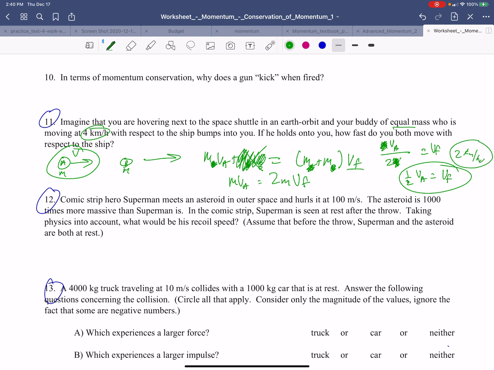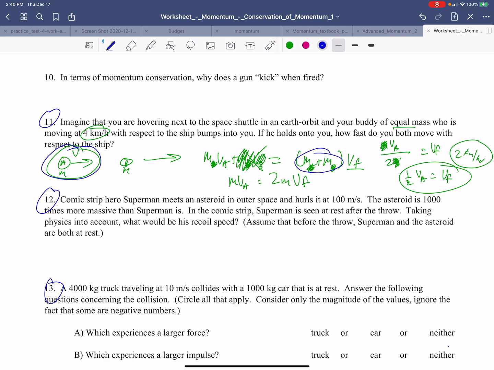The easier way to do it is to just think about this thing logically. You don't even have to write any of this down if you're pretty good at physics. You can say that all of the momentum of this system is, I'm going to switch to a different color, all the momentum of the system is your buddy, okay? And you and your buddy have equal mass.